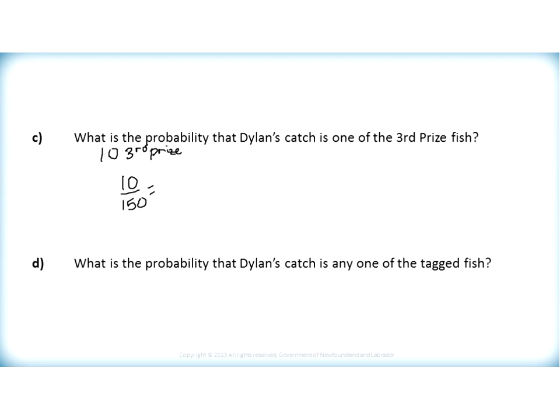So 10 out of 150 works out to 1 out of 15 if we divide both our numerator and our denominator by 10.